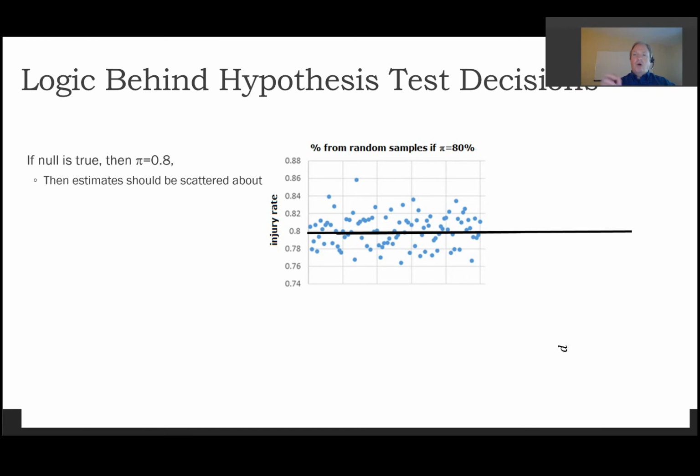And if we took a whole bunch of random samples of accident victims that were on motorcycles in Florida, the percentage of people who had been injured in those accidents would form a random scatter, about 80%. We know that when we take random samples, the estimates are scattered around the actual parameter value. But we want to make this picture more precise and more quantitative so we can make decisions.